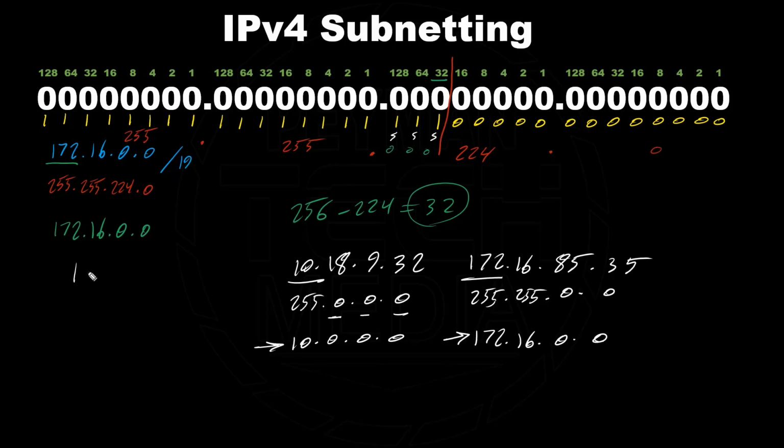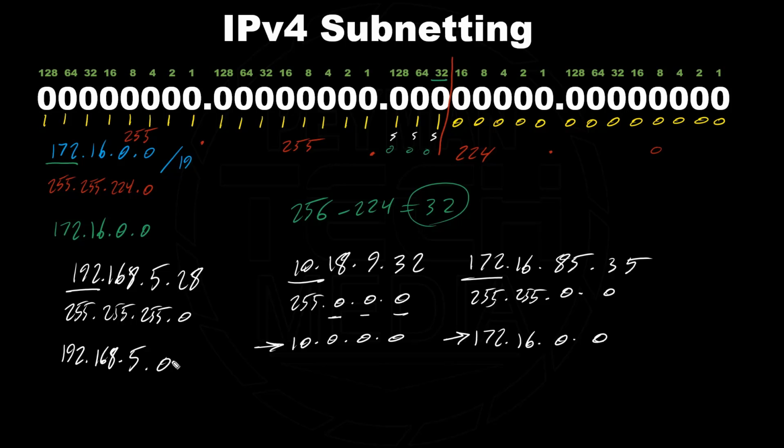Or another example, if we have 192.168.5.28, we know this is class C. 192 falls into the class C range, and the default subnet mask for class C is 255.255.255.0. So for the host portion, we just put 0. So let's rewrite: 192.168.5.0. This is the network address or the first subnet.